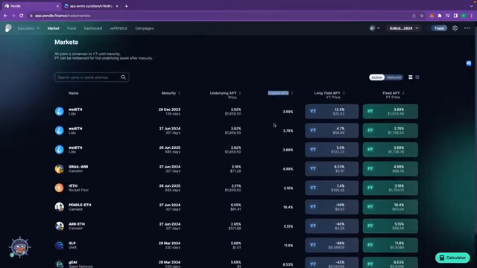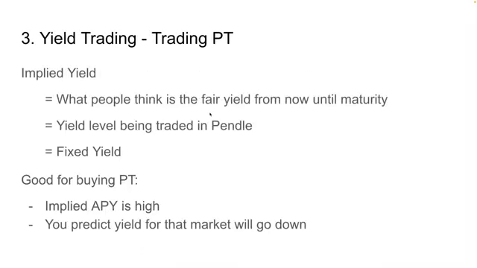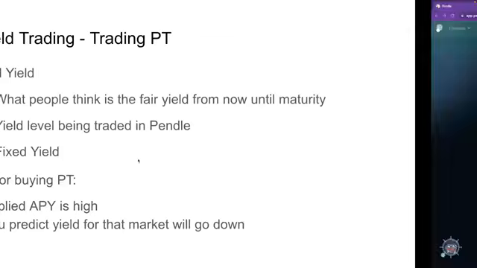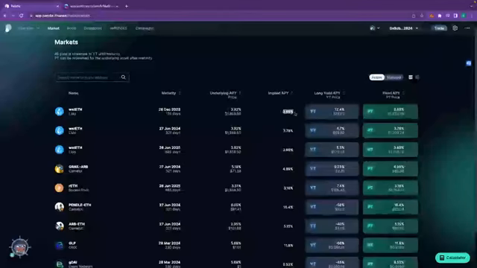So what is implied APY? In short, implied APY is what people think is a fair yield from now until maturity. In other words, it's the yield level that is being traded in Pendle, and it's also the fixed yield that you will get. So, like for this SDE market, maturity is end of this year.